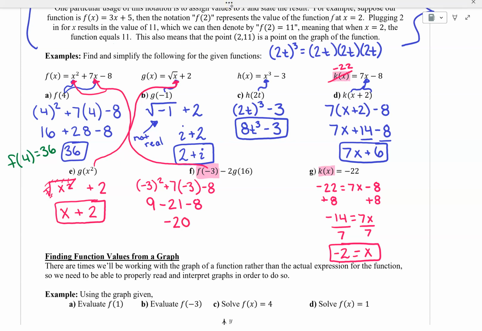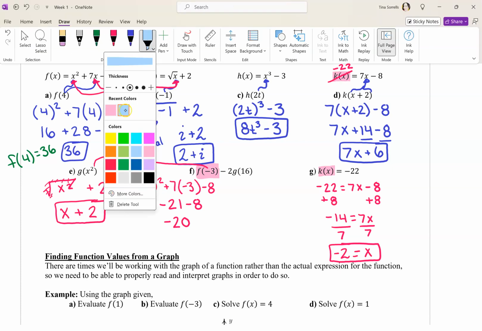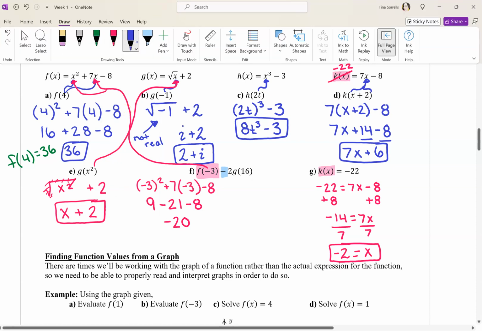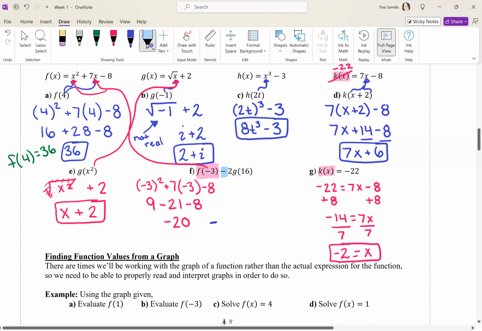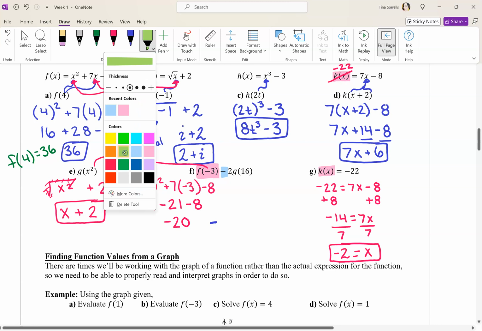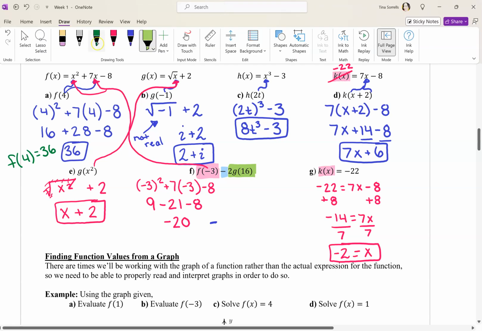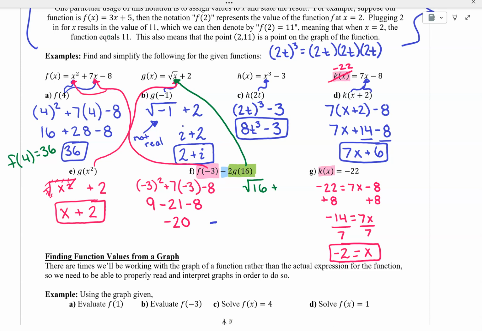Now, I'm actually going to highlight this negative with blue just so that you can see me drop it. Then the next part of the problem, I am actually going to do with green. Okay, so this problem here is telling us to get the g function and plug in a 16. So I'm going to go square root of 16 plus 2.